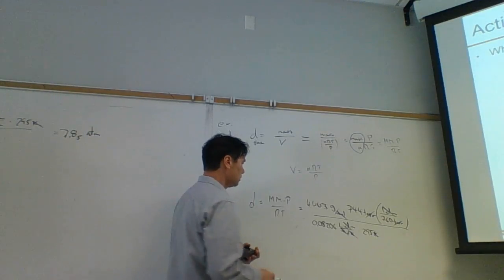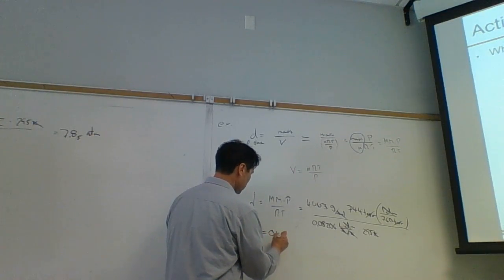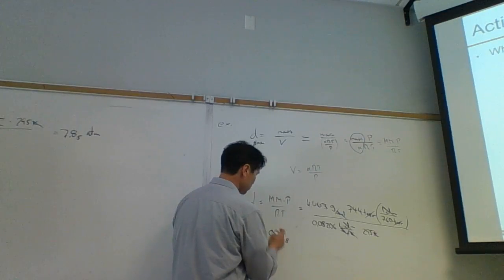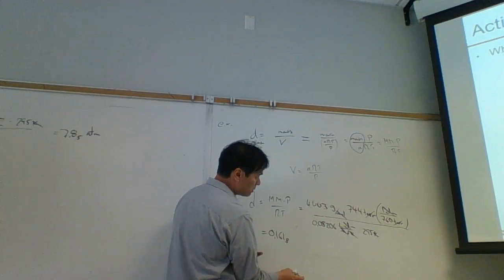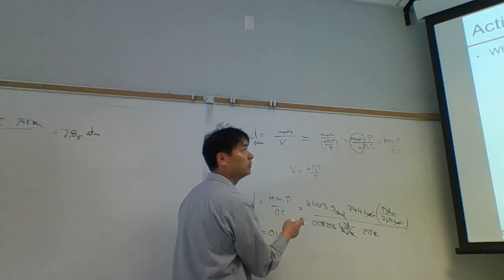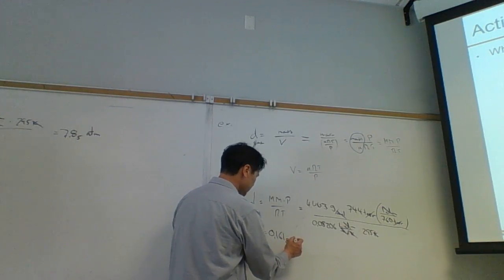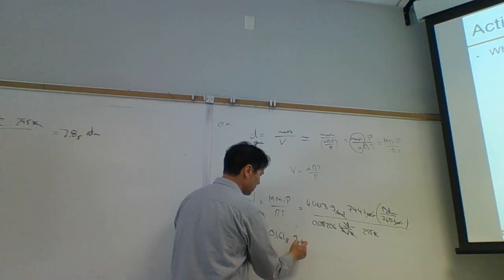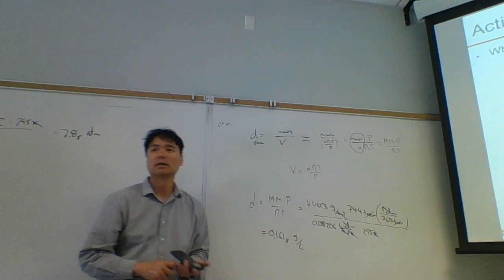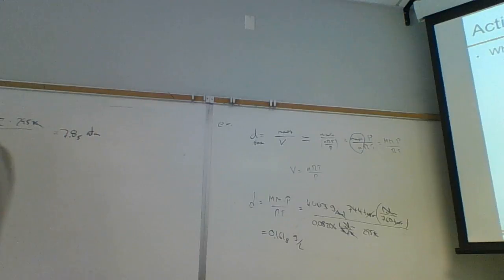I get 0.1618 grams per liter for helium at 744 torr. It's a very low density.